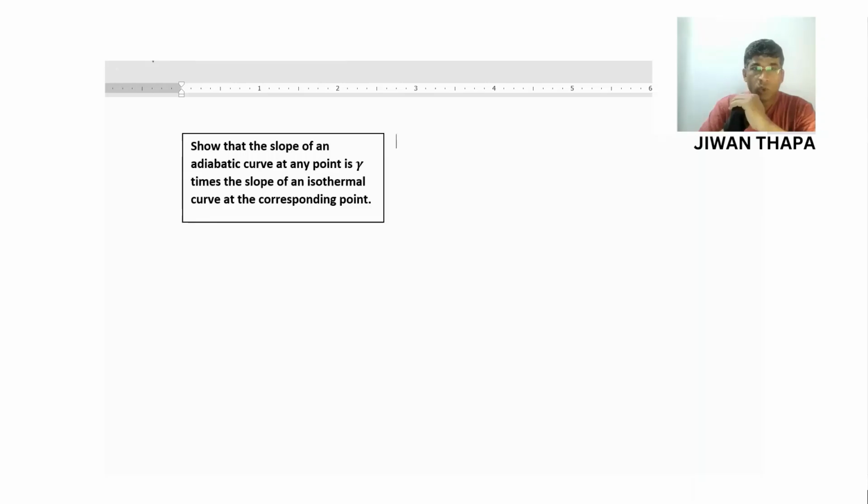so that the slope of an adiabatic curve at any point is gamma times the slope of an isothermal curve at that point. So we have to show this, okay?